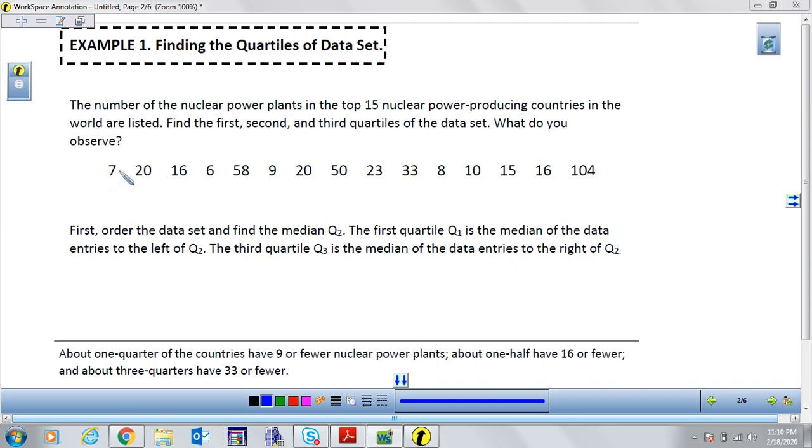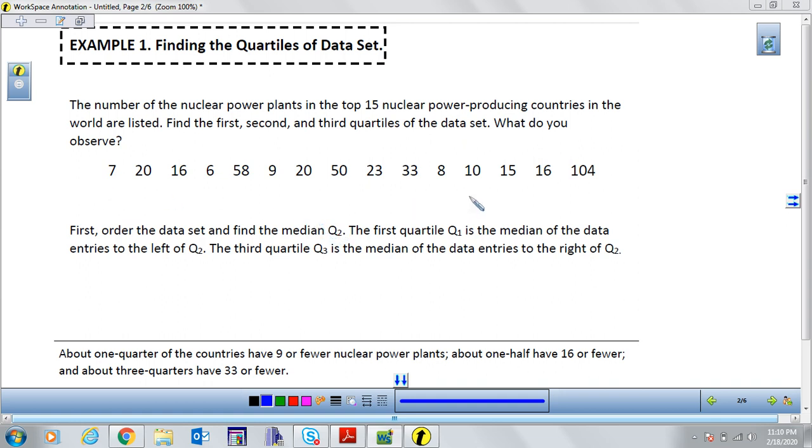Notice how all these numbers are not in any particular order. So in order to find the quartiles, first order the data set from least to greatest, and find the median or the second quartile. That's the first thing we have to do.